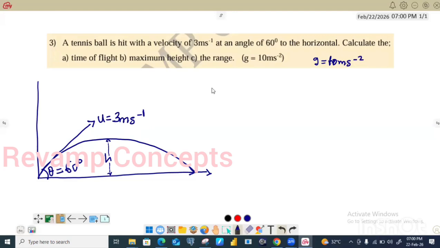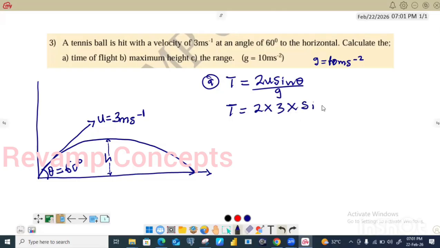Now the first question asks us to find time of flight. And the formula is 2u sine theta over g. Substituting the parameters given to us, we are going to have 2 multiplied by u, which is 3, multiplied by sine 60, everything over g, which is 10.